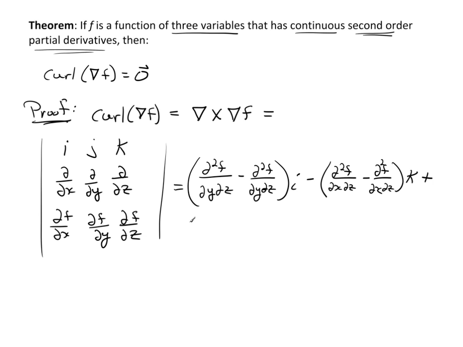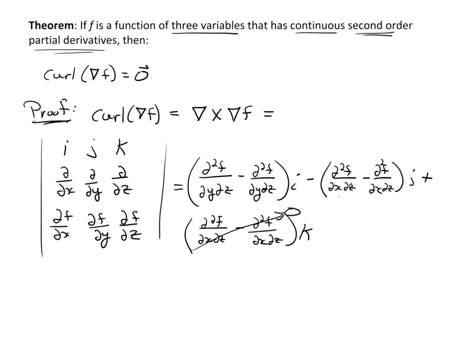Plus, this last one is going to give me the second partial of f with respect to x, then y, minus, again, the second partial of f with respect to y, then x. Oops, that should have been a j, sorry, and k. Now, obviously, these are equal to each other, so this is 0.